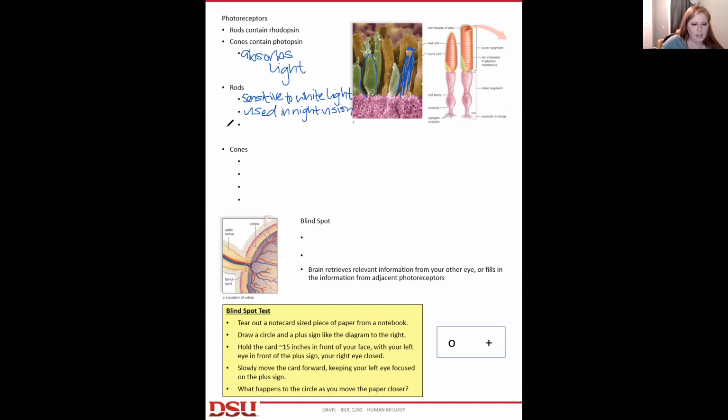And they're located throughout the retina, not just, well, I'll show you that in cones, but they're located throughout the retina. Throughout. You can spell.